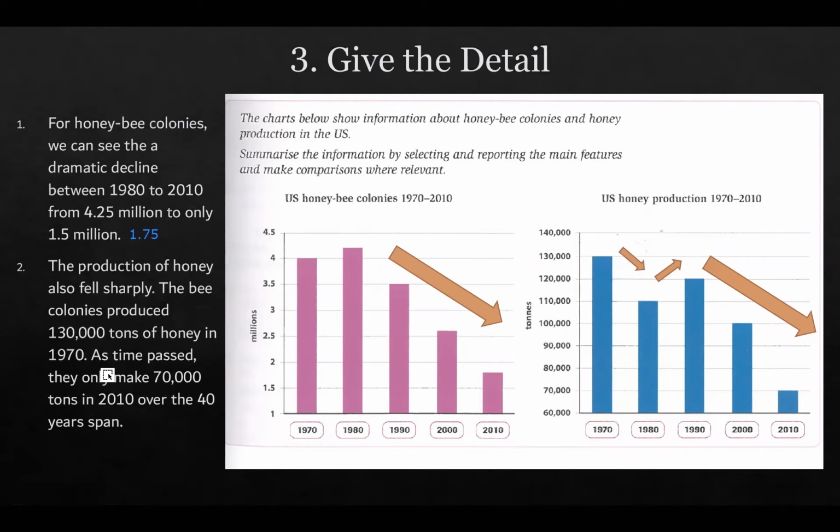As time passed, they only make 70,000 tons in 2010 over the 40-year span. So after the 40-year span, from here to here, the number just dropped significantly from 130,000 to 70,000.